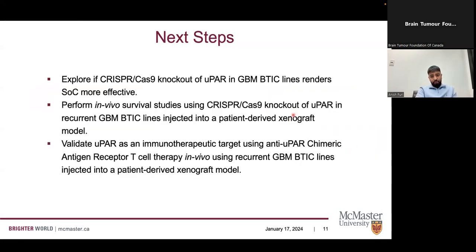The next step for this project, which I will be conducting next summer, is looking at whether, if you knock out uPAR using CRISPR-Cas9 in our GBM BTIC lines, standard of care becomes more effective. So, whether affecting the expression of uPAR is important to the population of cells that survive standard of care.